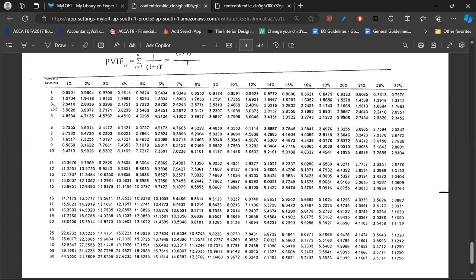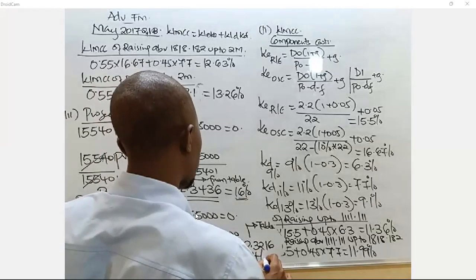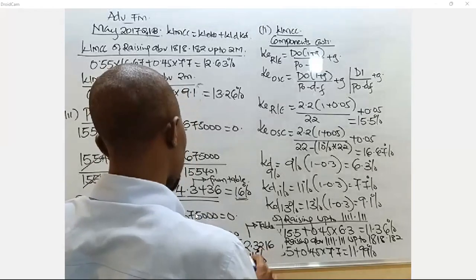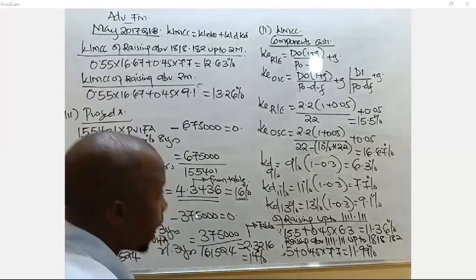I said 3 years, went row-wise, came here and followed up to 14%. So the rate is 14%. That is how you normally calculate when the internal rates of return are not provided.